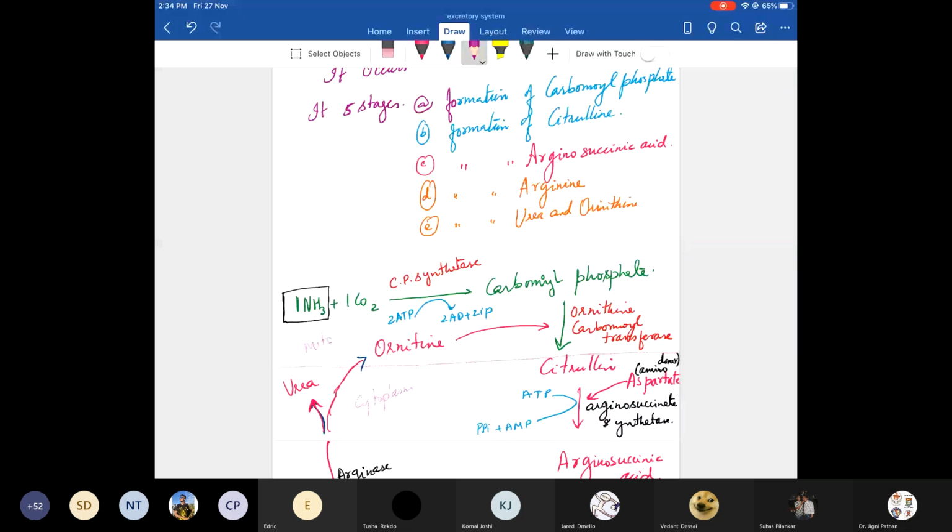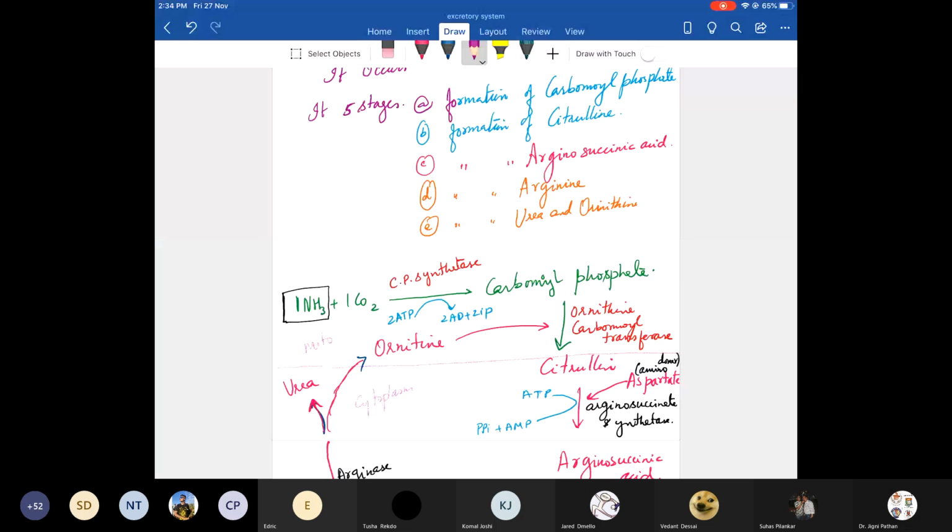This carbamyl phosphate converts into citrulline in the presence of ornithine carbamyl transferase. The carbamyl phosphate combines with ornithine, leading to the formation of citrulline.